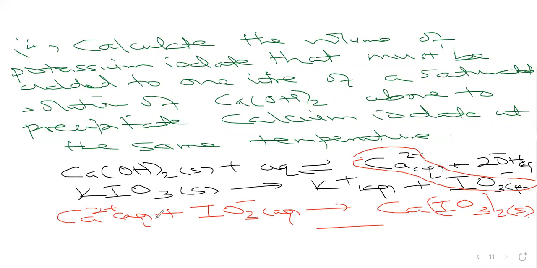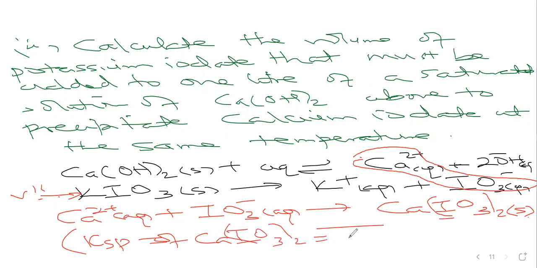Now they're asking which volume of this solution must be added to precipitate this. The question must give us the KsP of calcium iodate.